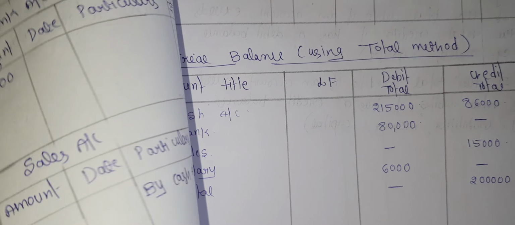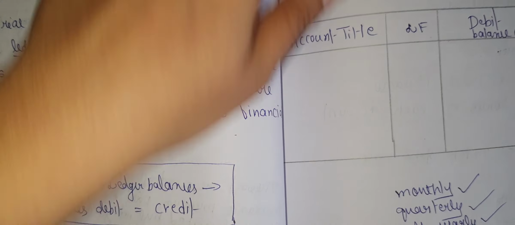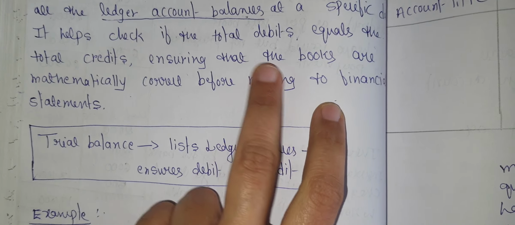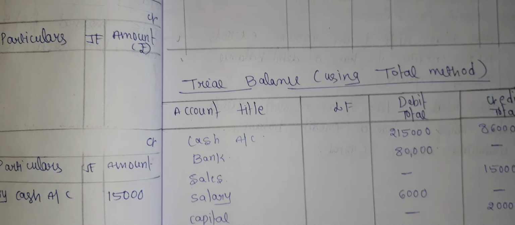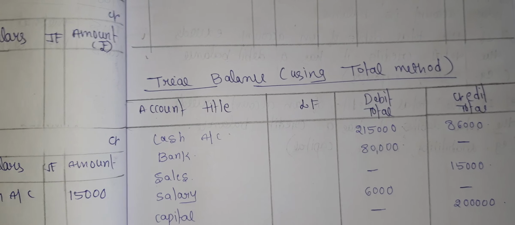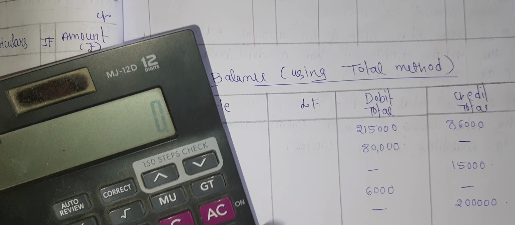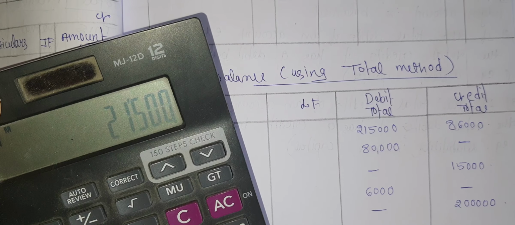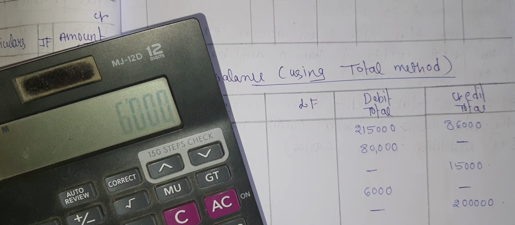Trial balance, it means what? It helps to check that total debits equal the total credits. Let's see. Now total the debit column: 2 lakh 15,000, 80,000 plus 6,000.